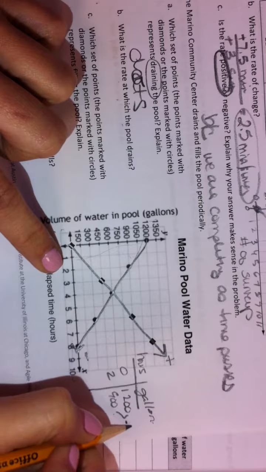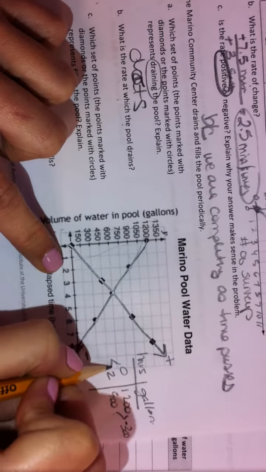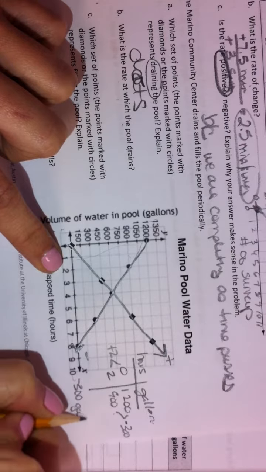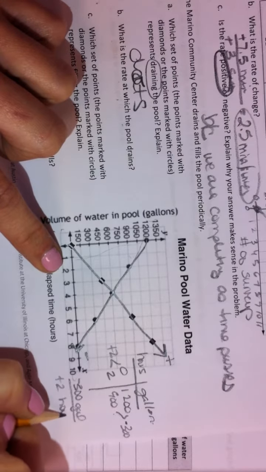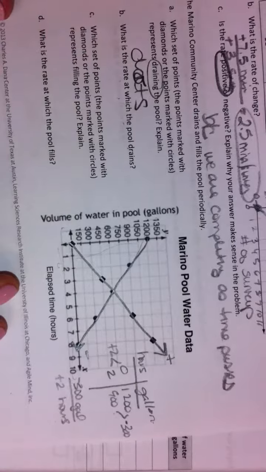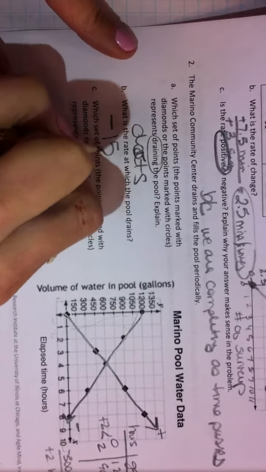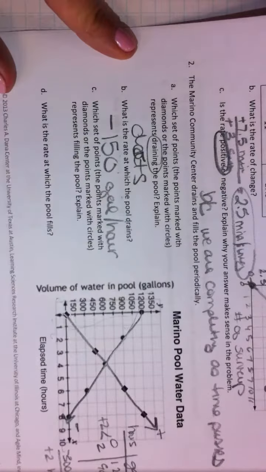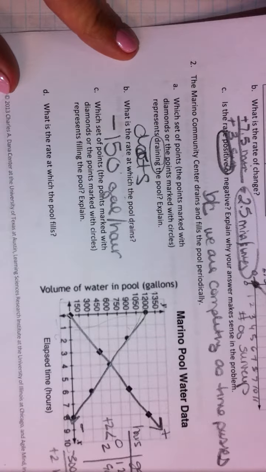The difference in Y is a negative 300. The difference in X is a positive 2. So negative 300 gallons divided by positive 2 hours gives you negative 150 gallons per hour. I think that's the same as we got in class.